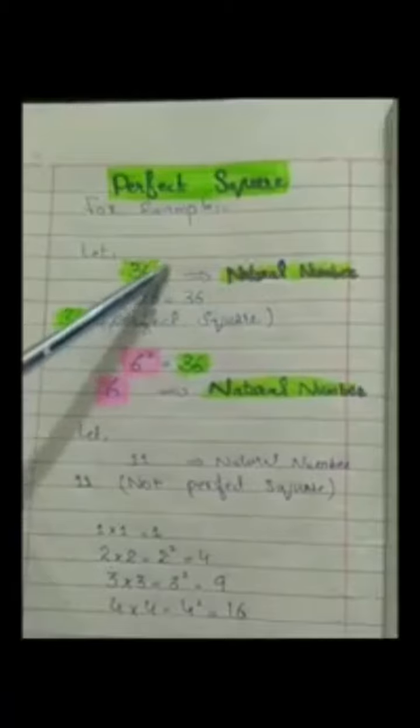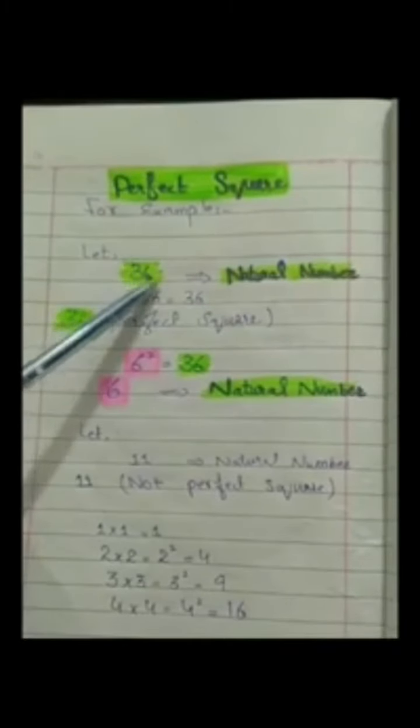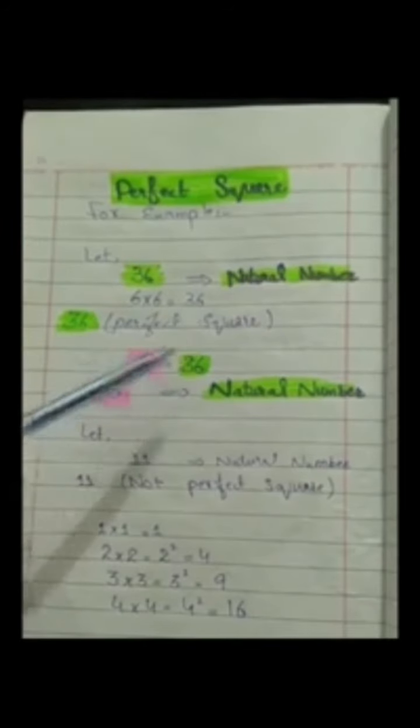For example, 36 is a natural number and also a perfect square because 36 is the perfect square of 6. When we multiply 6 with 6, we get 36, which is a perfect square. So 6 is also a natural number.